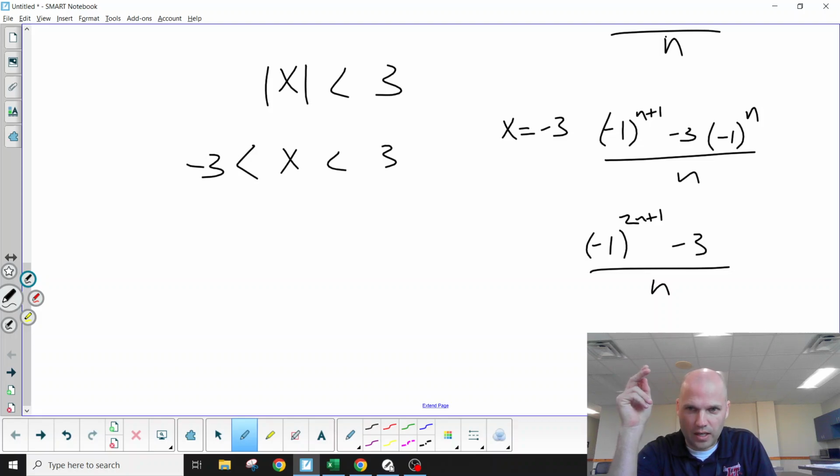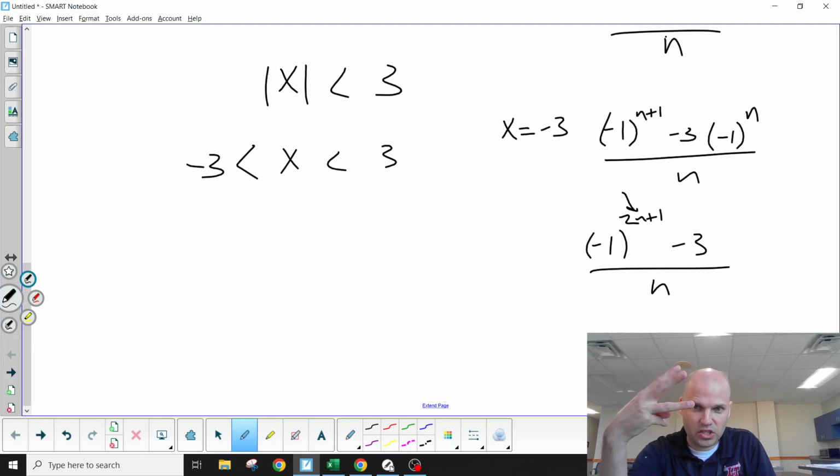What you'll see is every single time you plug in a value, you're going to get an odd number. 2n plus 1 gives you an odd, which means it's not going to flip-flop. The fact that you have this 2n means you're going to take negative 1 to the same type of power, odd versus even. So negative 1 to the third is negative. Plug in 2, you get 5. Negative 1.